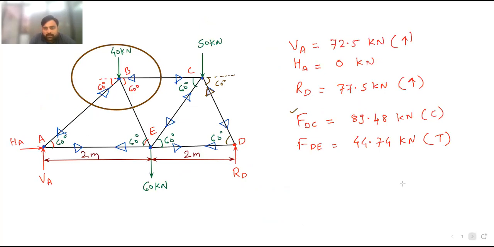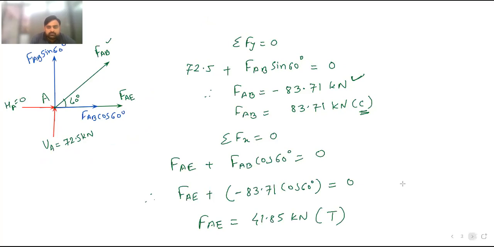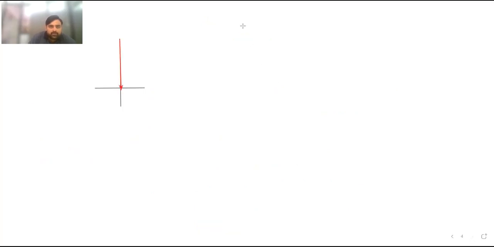BC and BA. So this downward load is 40 kilonewton. Then force is acting from this side. It is compressive. This is FBC.